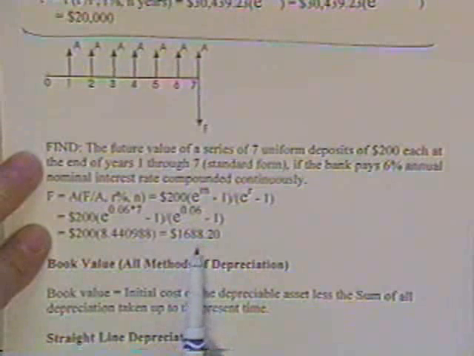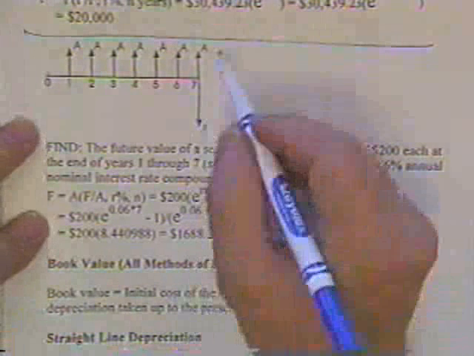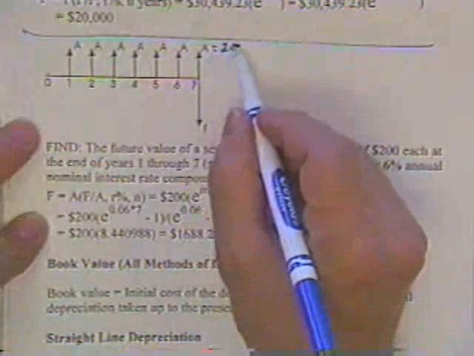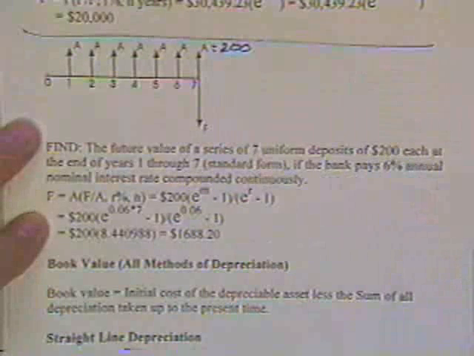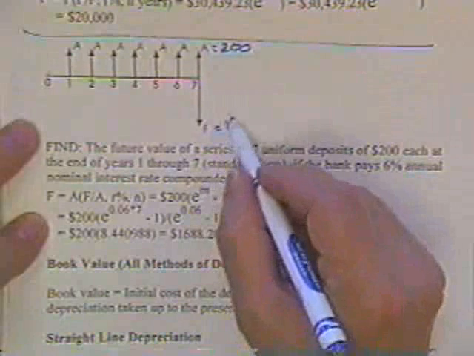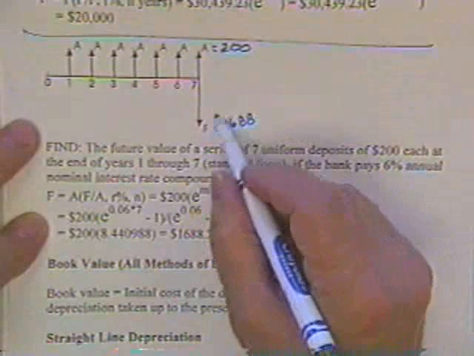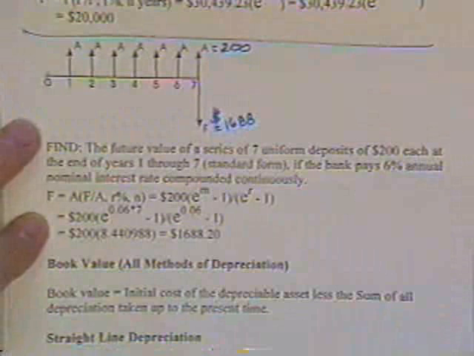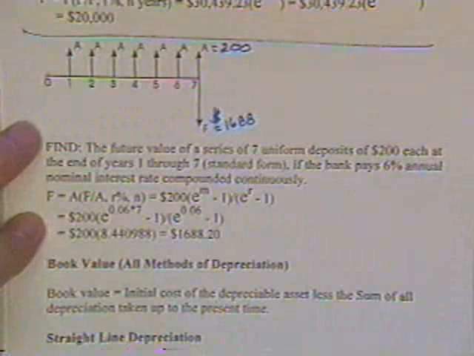Now that's how much you'd be able to take out. If you were willing to put in $200 each year, then you could take out $1,688 at the end of that 7-year period.